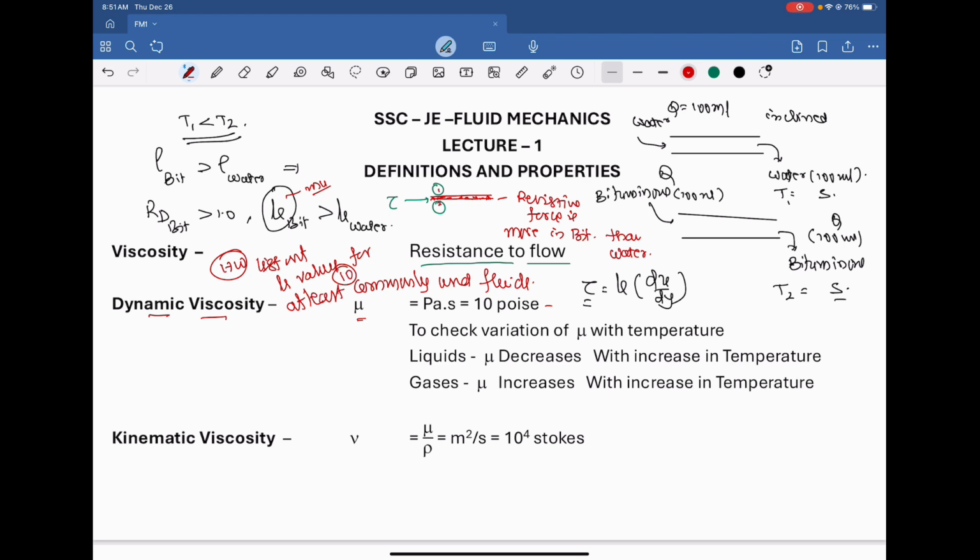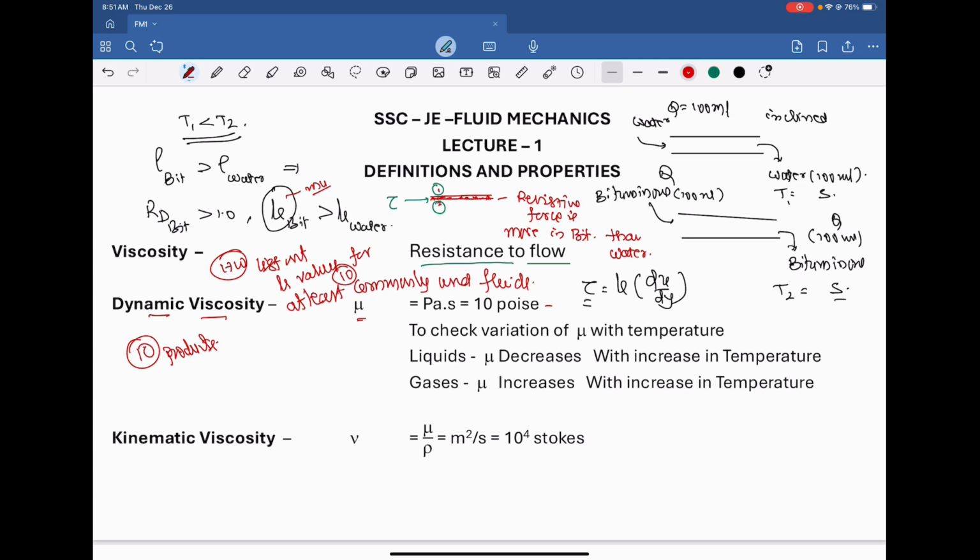You take out 10 products, 10 fluids, list them in descending order and try to understand why that particular viscosity is more for a particular fluid and why viscosity is less for another.